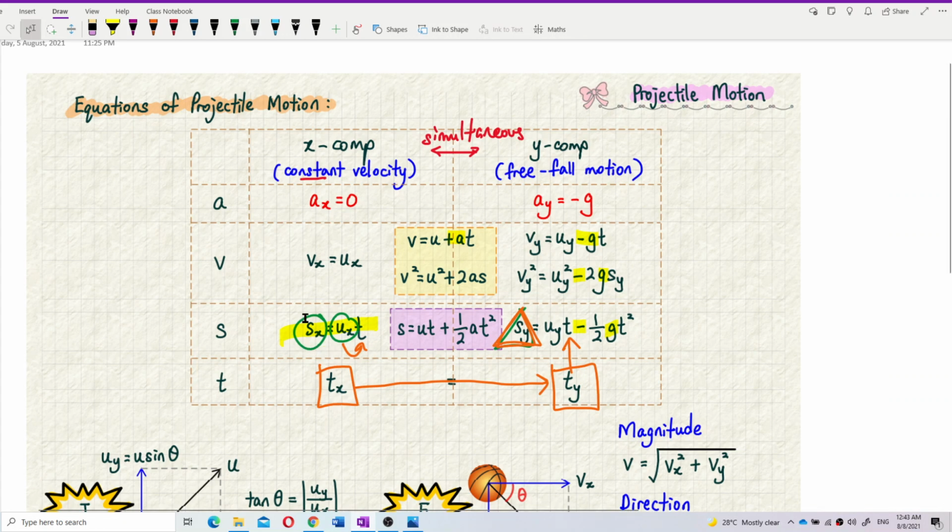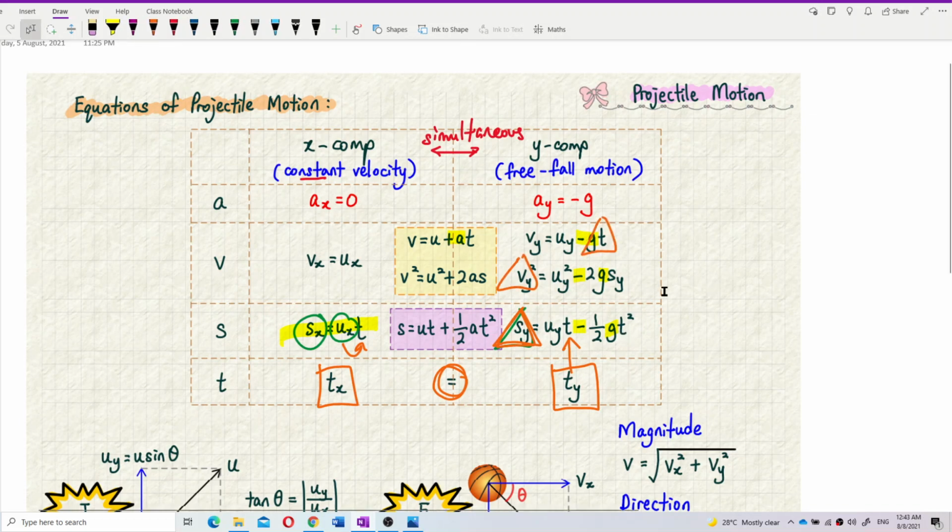Given Sx, you find the time in the x component. You substitute that time into the y component because they are equal. Once you got the time, just substitute into here, you get Sy. That's how you do it. The same goes if you want to find, let's say, Vy. Also, we use the time.